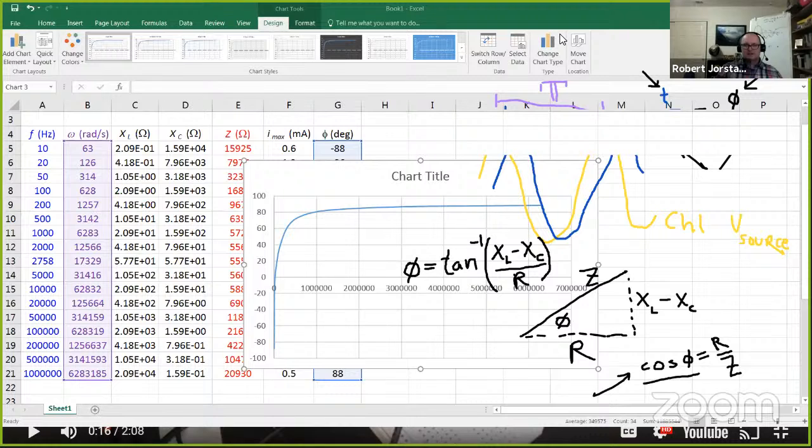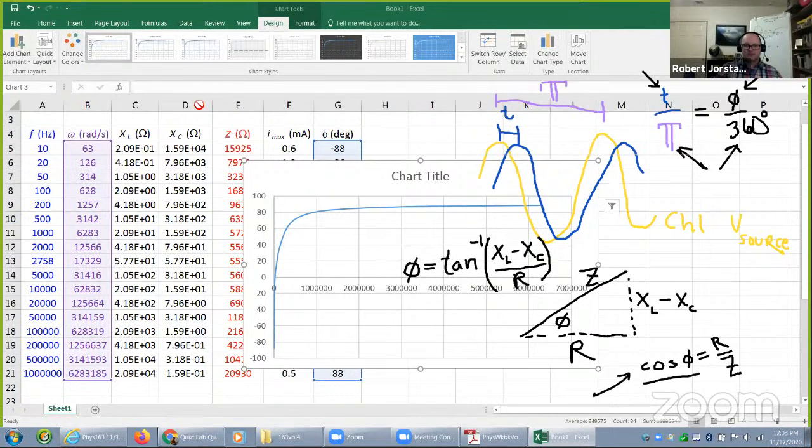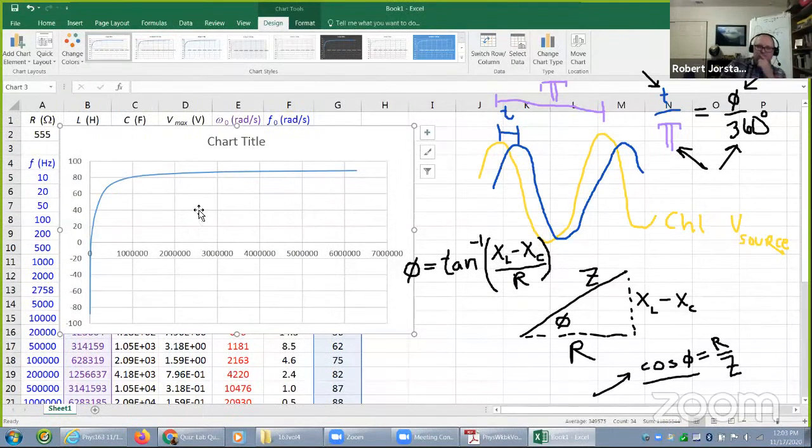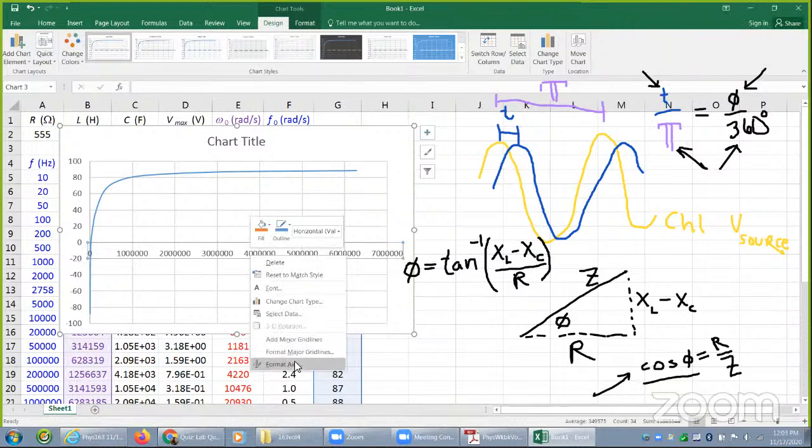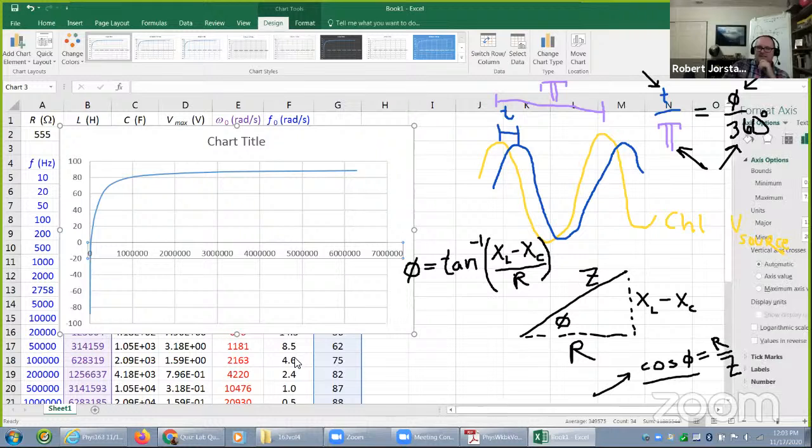Whoops. This looks bad. I can't see anything. What do I need to do? Make the graph logarithmic. Yep.